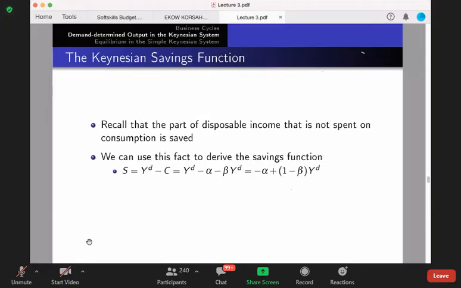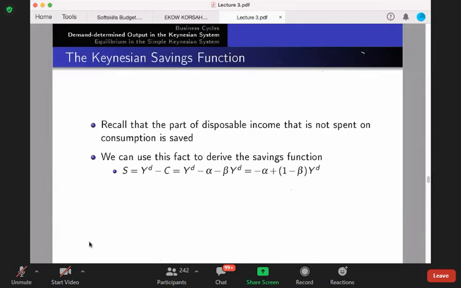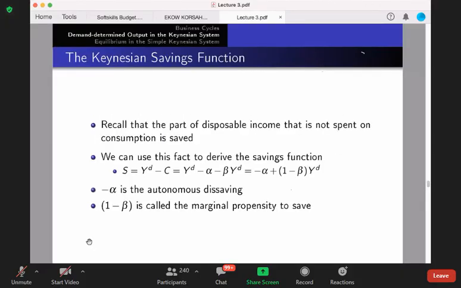Recall that the part of disposable income that is not spent on consumption is what is saved. So income is either consumed or saved. So if we've dealt with the APC, we can derive a savings function from the consumption function. Here, savings is just disposable income minus consumption.